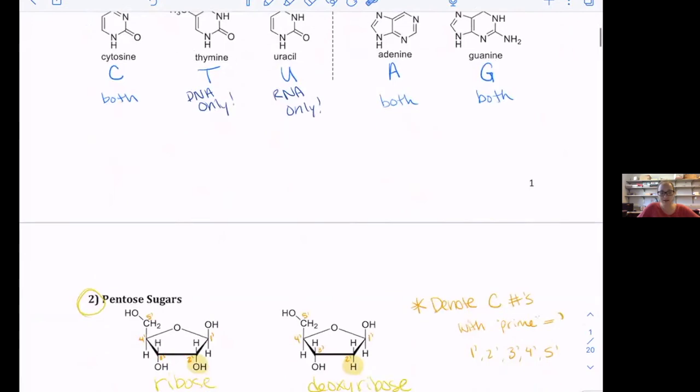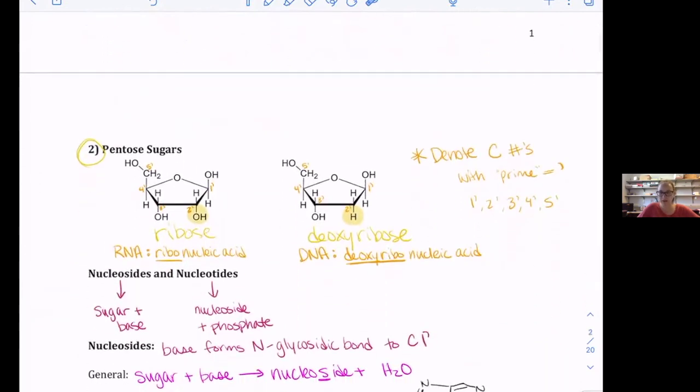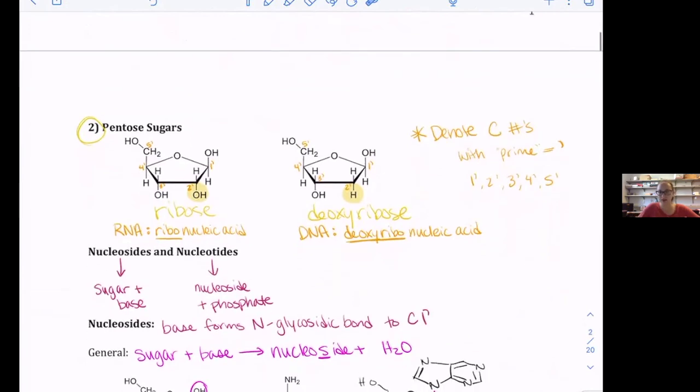And then the second part is going to be our pentose sugars. So it's going to be our 5-membered ring sugars. And the two things to remember about this is that in nucleotides, they're always going to be either ribose or deoxyribose. So ribose has this structure here. It is in RNA.